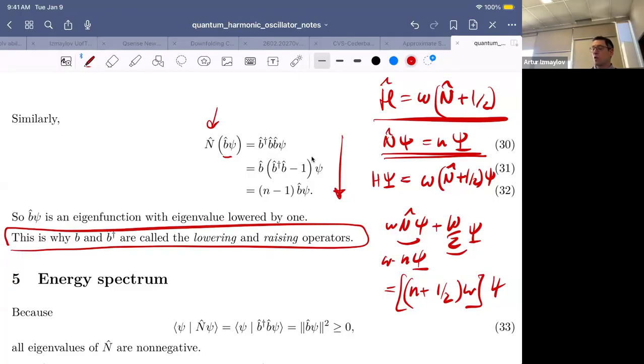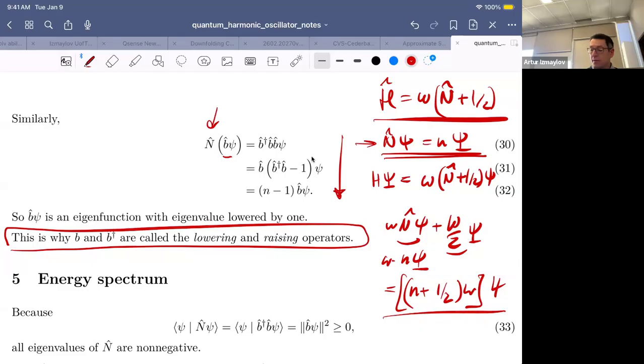So we could focus on finding eigenfunctions of the n operator, and that will automatically lead to all the eigenfunctions of the H operator, because H is just a constant times n plus another constant.